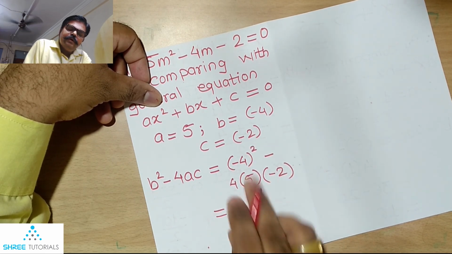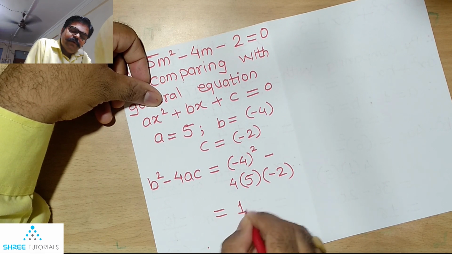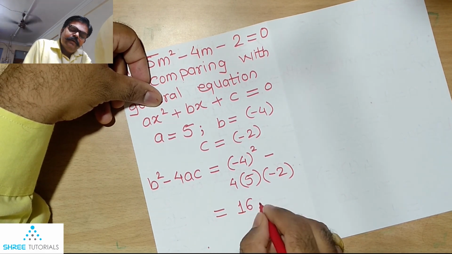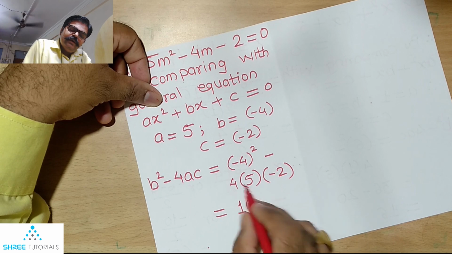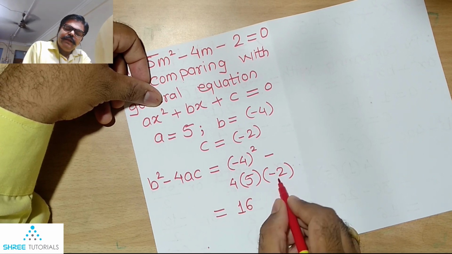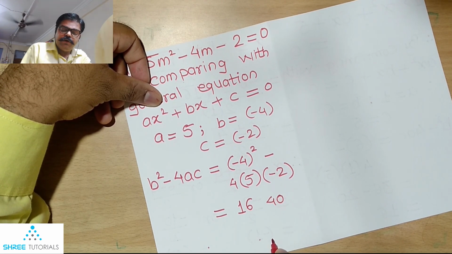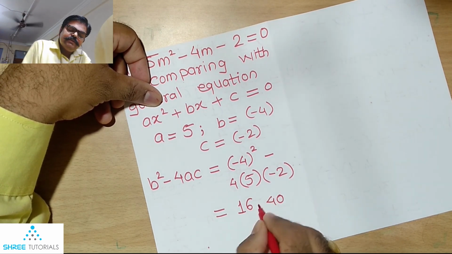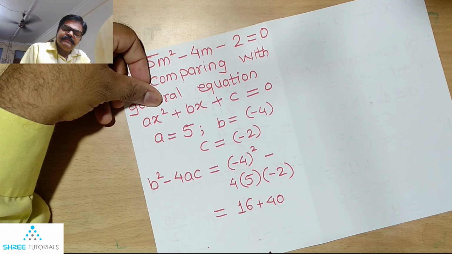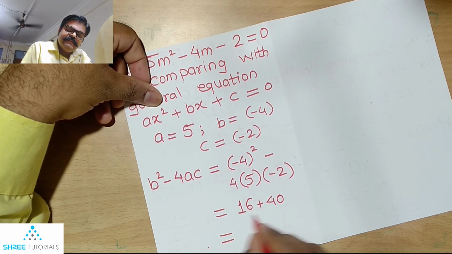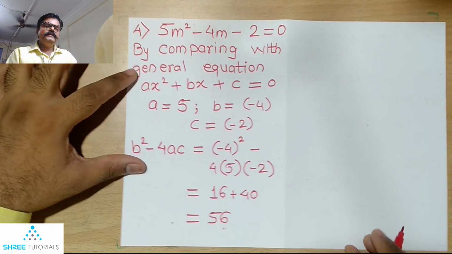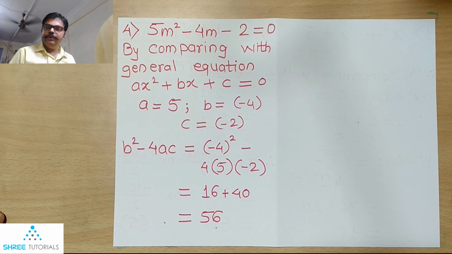So therefore -4's square will be equal to 16, and this will be 4 5s are 20, 20 into 2, that will be 40, but that will be -40. So this minus and this minus together they will become plus, and therefore the value we can have over here is 16 plus 40, that is actually equal to 56. That is the value we are going to have.